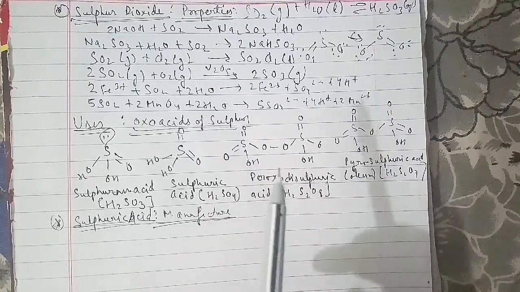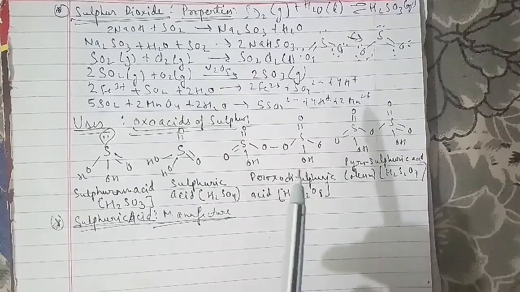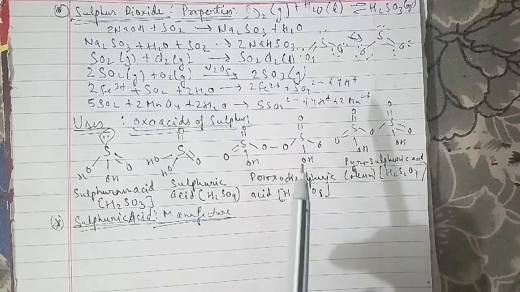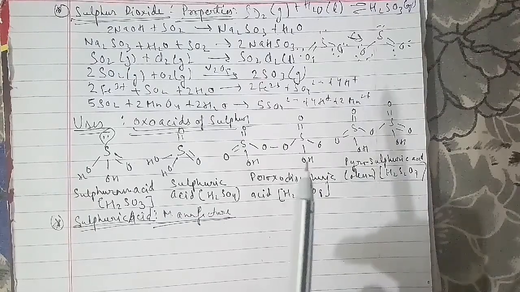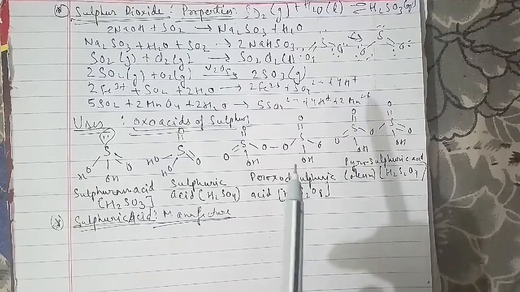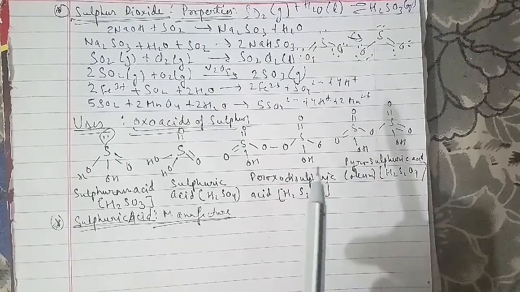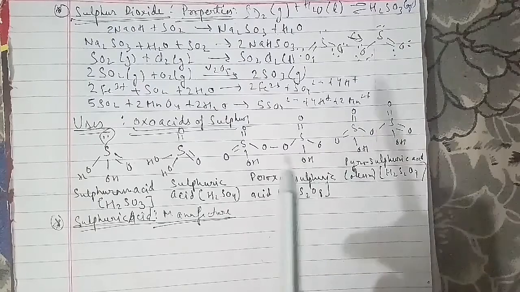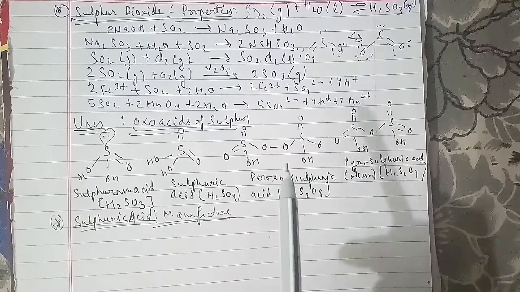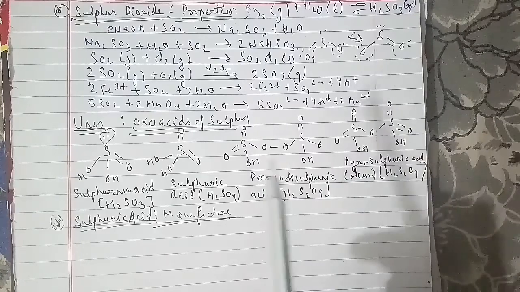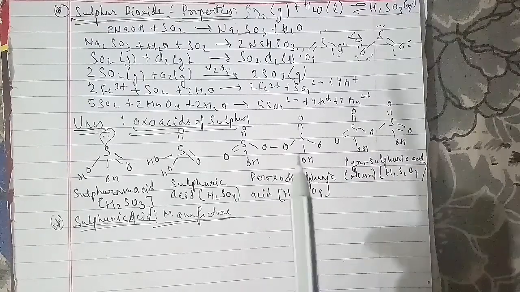We have a flow diagram for the manufacture of sulfuric acid that will represent it, and the SO2 produced is purified by removing dust and other impurities such as arsenic compounds. The key step in the manufacture of H2SO4 is the catalytic oxidation of SO2 with O2 to give SO3 in the presence of V2O5, which is your catalyst here.